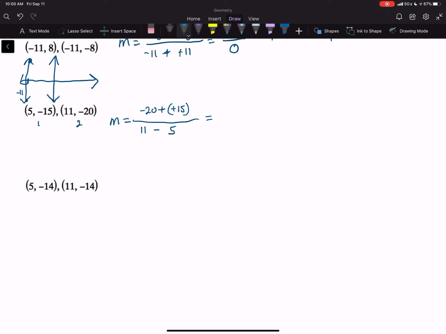I call this the Sioux method, same, opposite, opposite. So I kept the negative 20 the same. I changed the minus sign to a plus and the negative sign to a positive. Now I have a negative plus a positive. I find the difference. The difference between 20 and 15 is 5. And since 20 is the larger number and it is negative, it's going to be a negative 5. Then 11 minus 5 is 6 on the bottom, and so the answer to this one is m is equal to negative 5/6. That is the slope of this line.